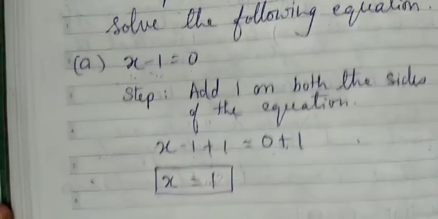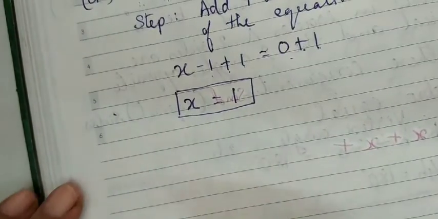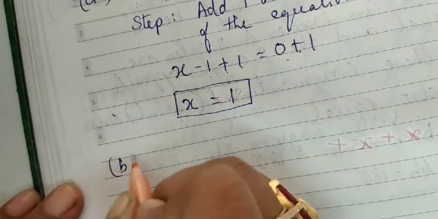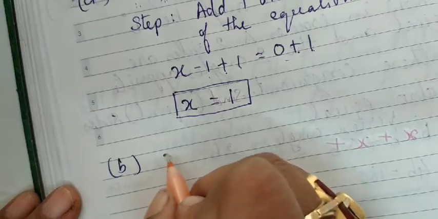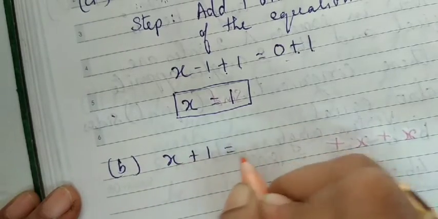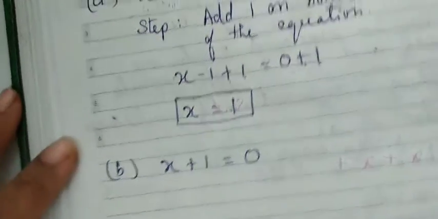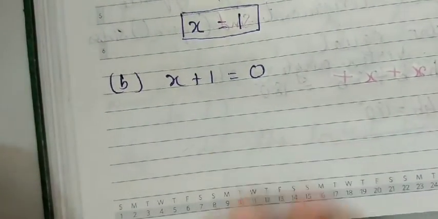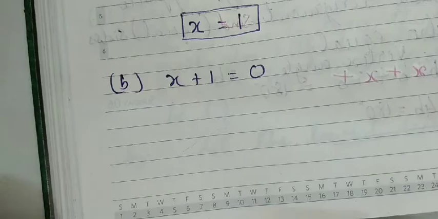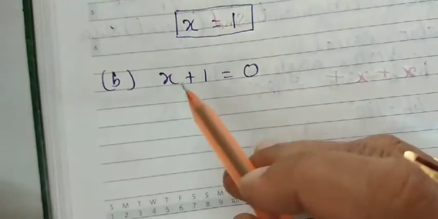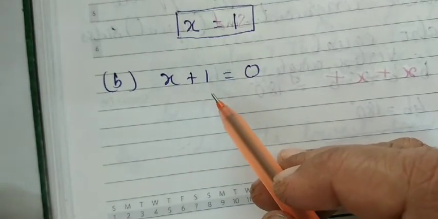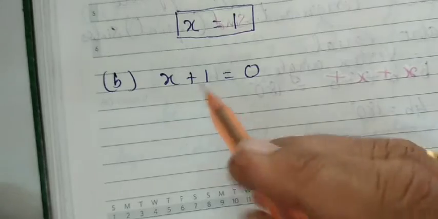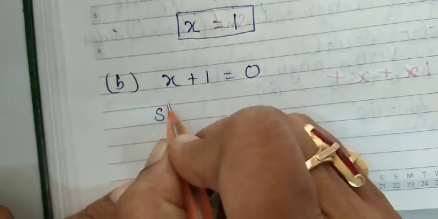Now we move on to the second equation, b, that is x plus 1 equal to 0. See, in your textbook the questions are given such that you understand it properly. First was x minus 1, now you have x plus 1. So what will be your step?